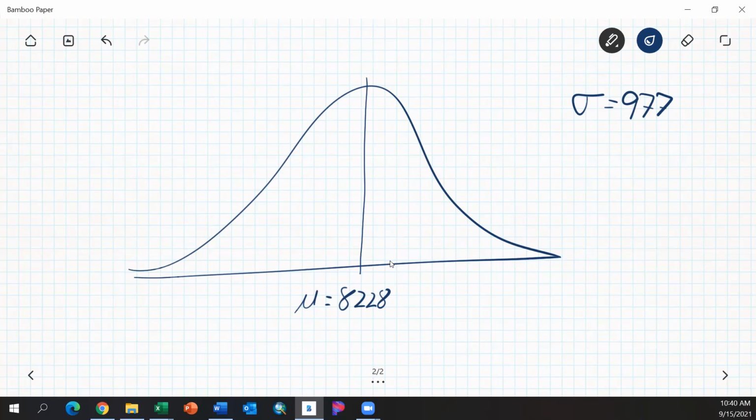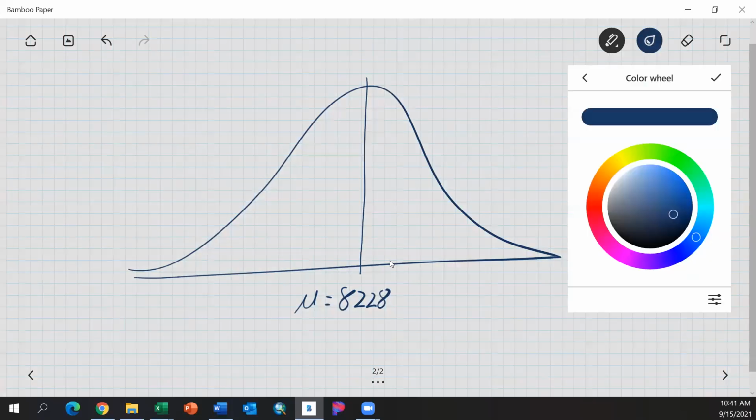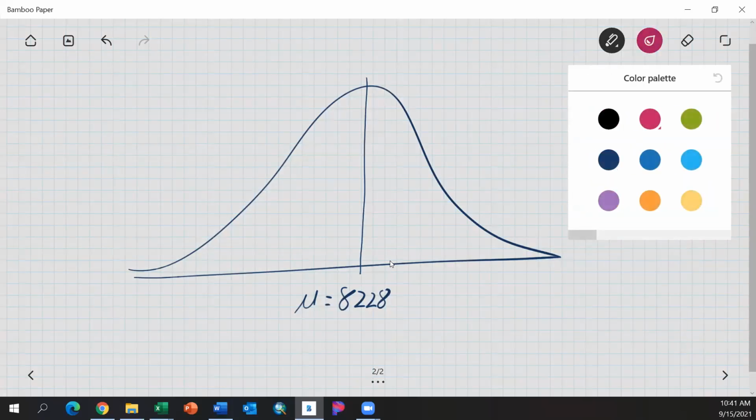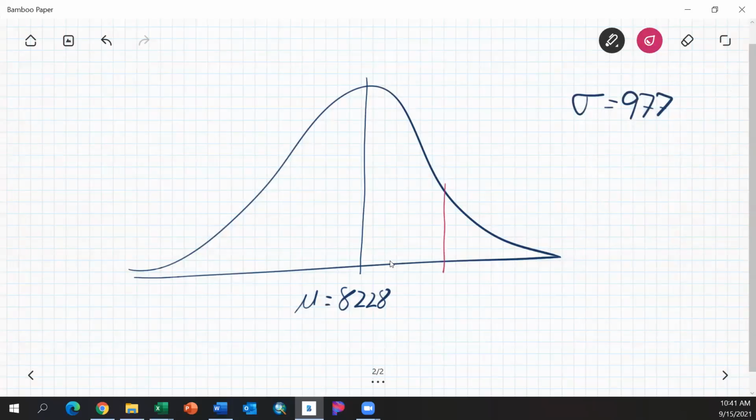We want to find the probability of drawing a school district that is higher than 10,015, the value of LAUSD. The 10,015 value needs to be to the right of the mean value of 8,228. We're guessing how far to the right.